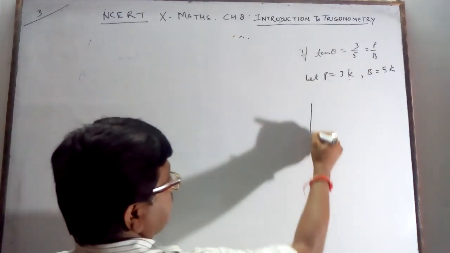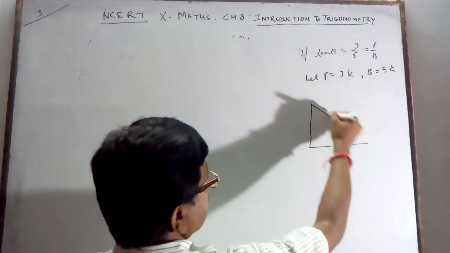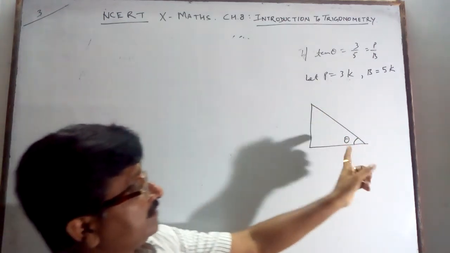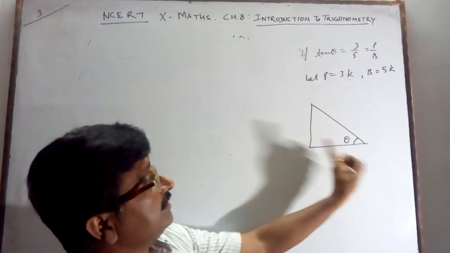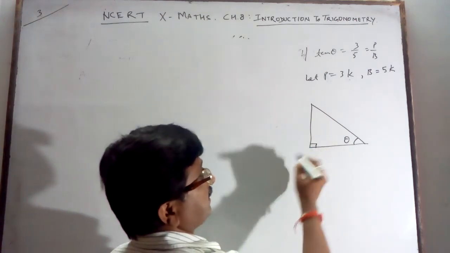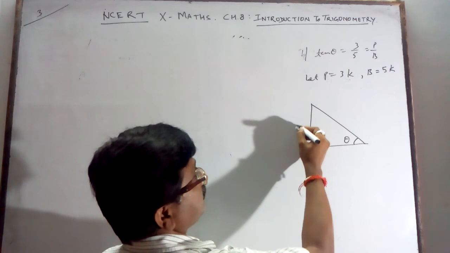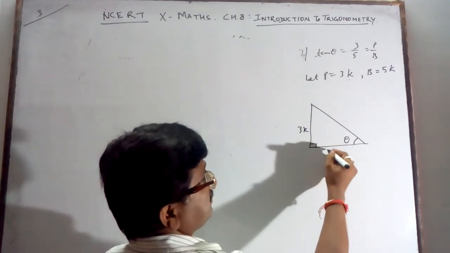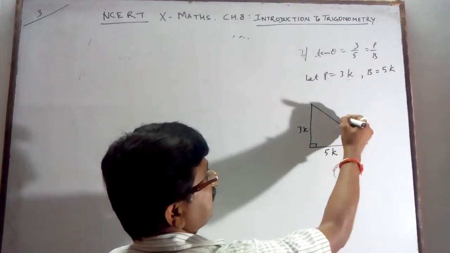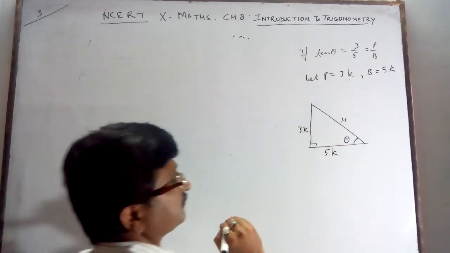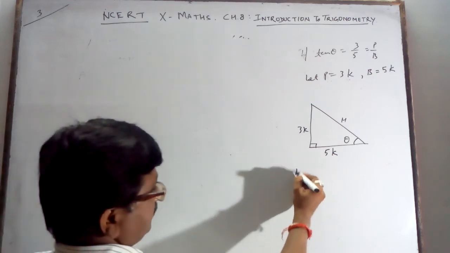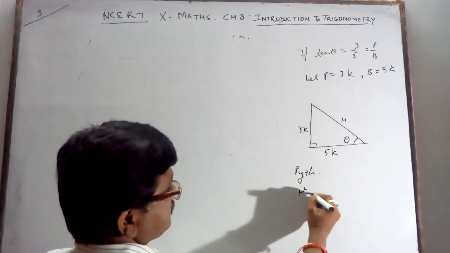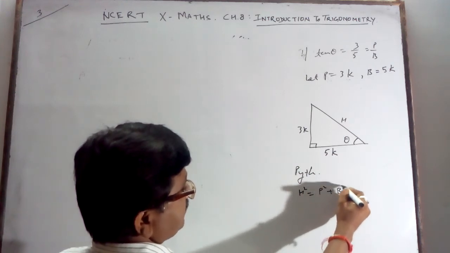You can draw a right triangle in which one acute angle is theta. If tan theta is given, it means one acute angle is theta and the other is 90 degree. The opposite side, the perpendicular, is 3k, and the adjacent side, the base, is 5k. You want to find the hypotenuse. By Pythagoras, h square is equal to p square plus b square.